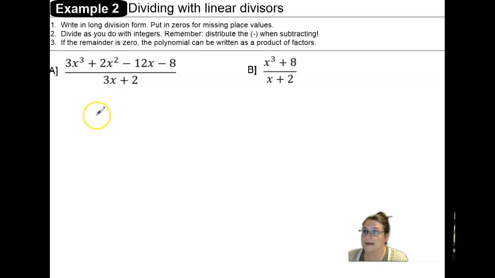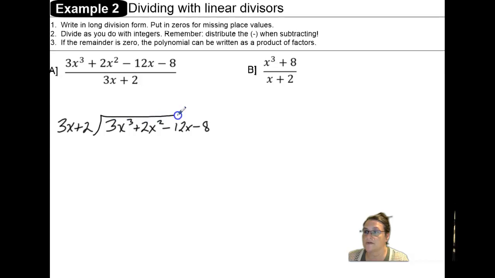Okay, but in example A, there's no missing place values, so I would start with my divisor, 3x plus 2, and I'm going to divide that into the dividend 3x cubed plus 2x squared minus 12x minus 8.